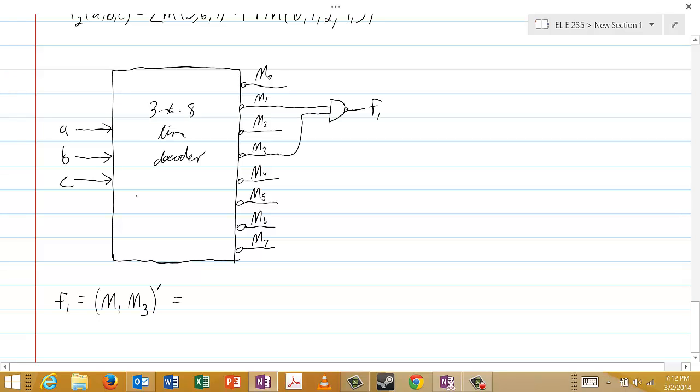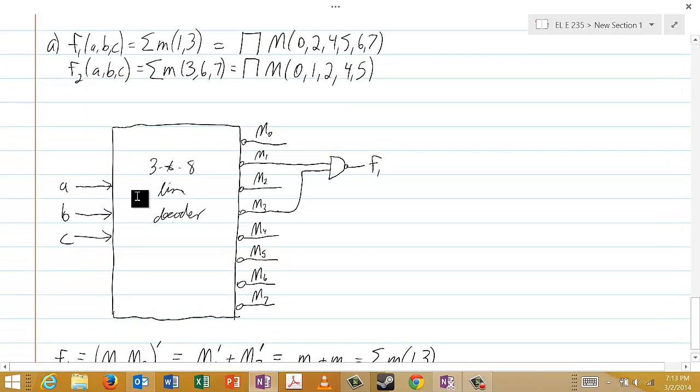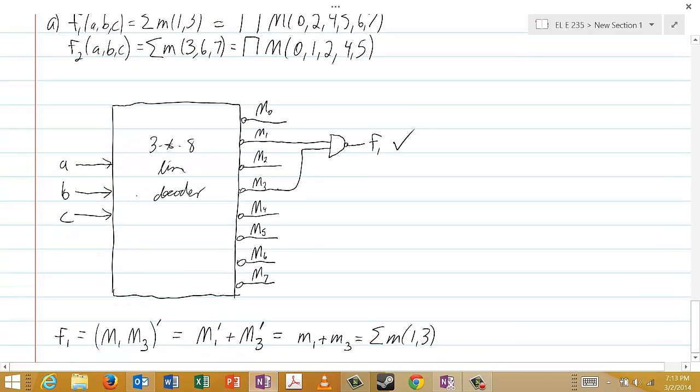And again, if we use the other De Morgan's law that says that the complement of a product is the sum of the individual complements, then we have capital M1 prime ORed with capital M3 prime, which is indeed little m1 ORed with little m3, which is the sum of the minterms 1 and 3, and sure enough, as you can see right here, this is indeed the correct function. So this is correct.